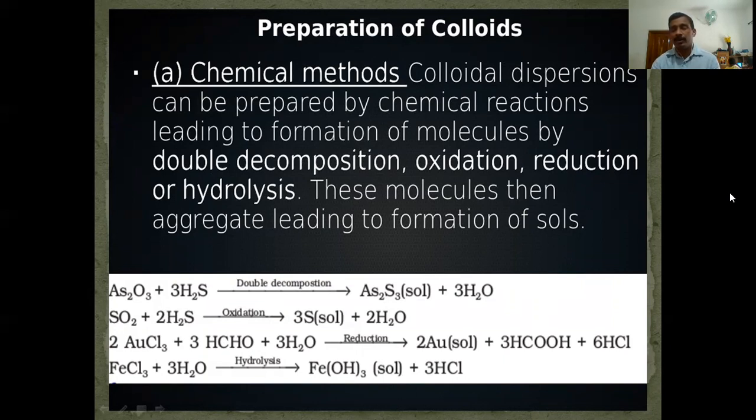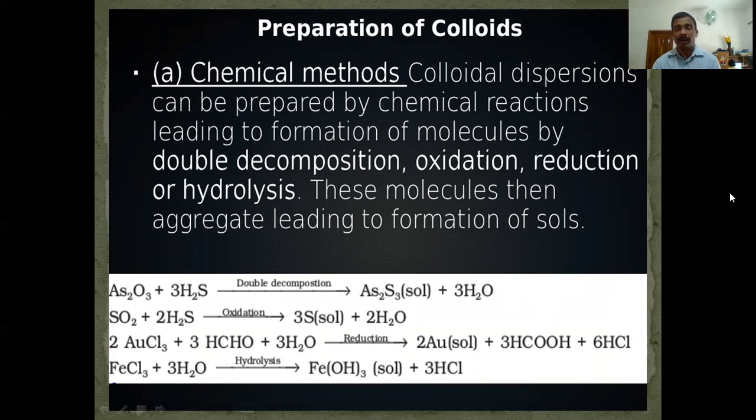And usually during the reaction, smaller molecules will form, and these molecules can aggregate to form colloids. If you want to prepare colloids, especially we are discussing the formation of some sols here, any of these chemical methods can be used.